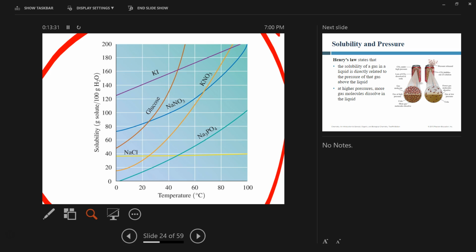As you increase the temperature of the solution from, say, 20 to 40, the solubility of glucose will go from 80 to something like 130 grams per 100 grams of water. You see what I'm saying? It will go from here to here. Got it?